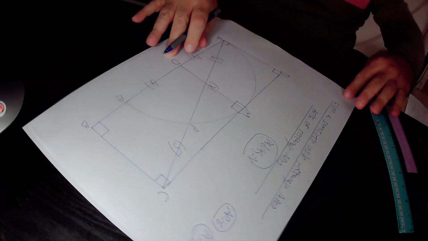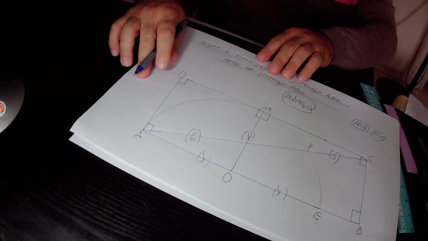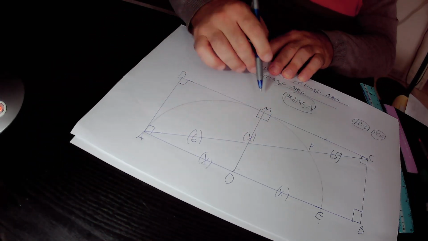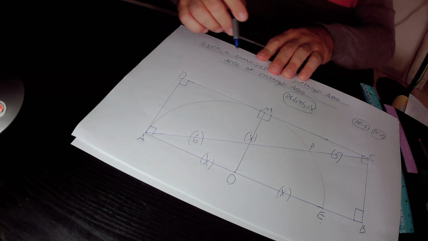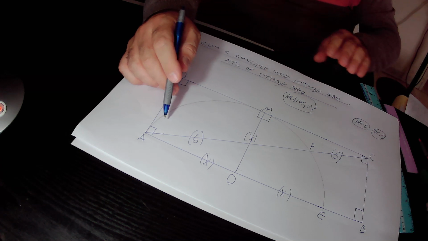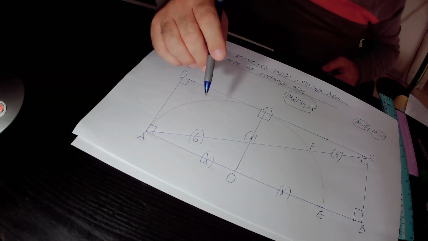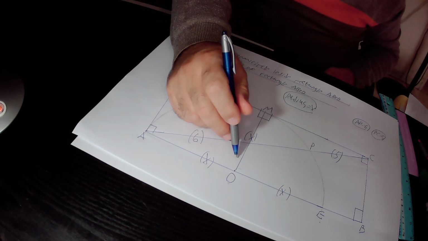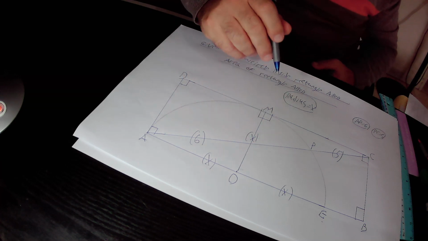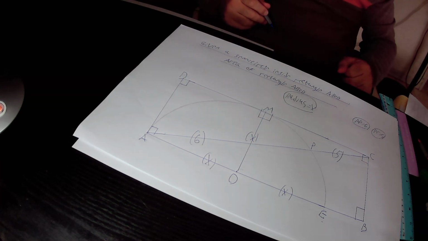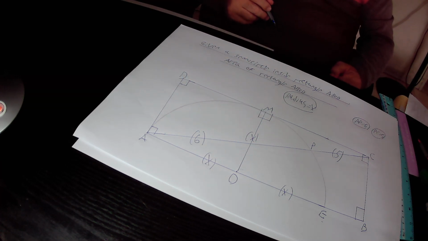By doing this construction, we get the small polygon DAOM. Inside this small polygon DAOM, we have 1, 2, 3 right angles. The sum of 3 right angles is 270 degrees. So 270 degrees plus the size of this fourth missing angle must be equal to 360 degrees, according to the rule that the sum of the angles in any quadrilateral is equal to 360 degrees.